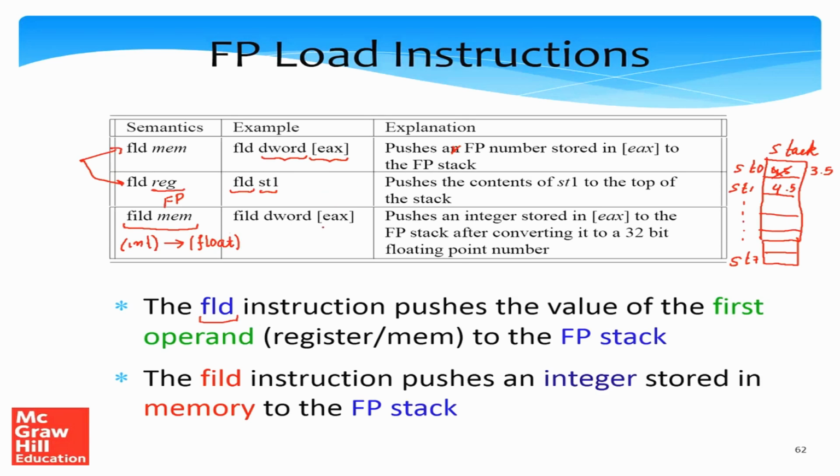In this case, we read the value of EAX, which is an address in memory, and we read in 32 bits. But the 32 bits are not in the floating point format, they are in the integer format. So this integer is first converted to a 32-bit floating point number, and then pushed to the floating point stack.